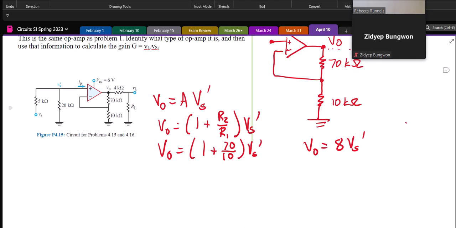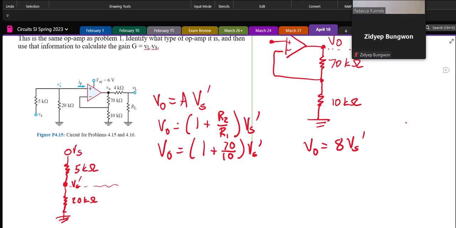Imagine taking this Vs and just stretching this wire out so that I had Vs on top and then a 5 kilo ohm resistor, and then I had Vs prime here, and then a 20 kilo ohm resistor, and then I have ground down there. Now there is more coming off this Vs prime, but like we were talking about before, that doesn't really matter.